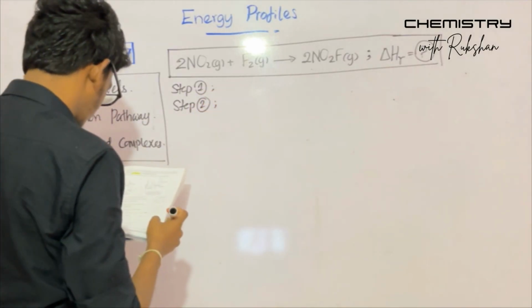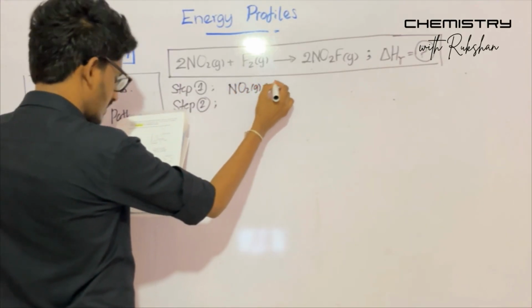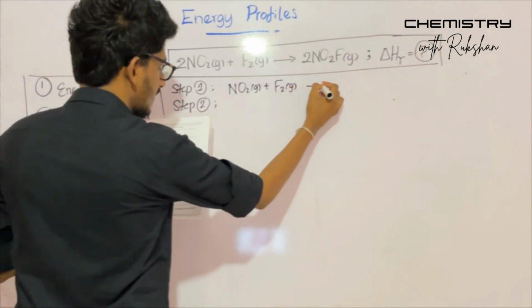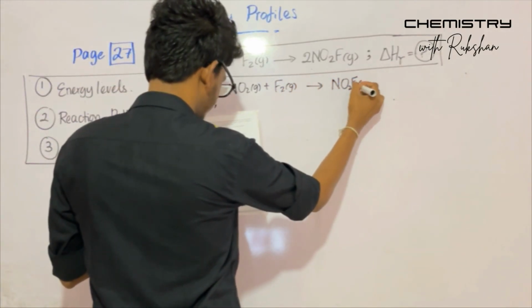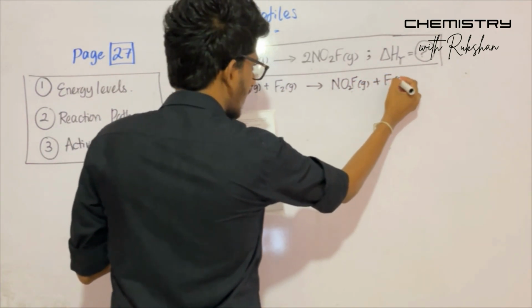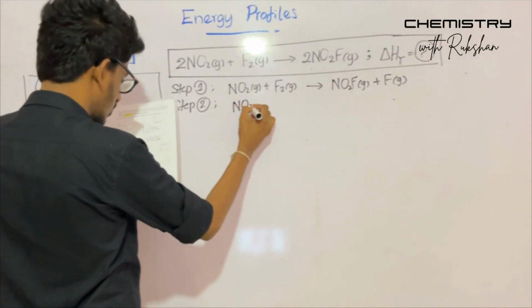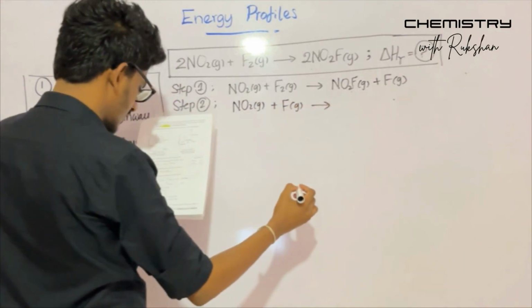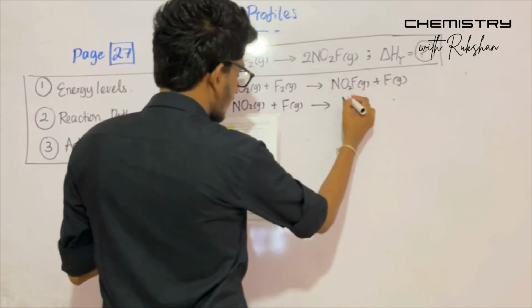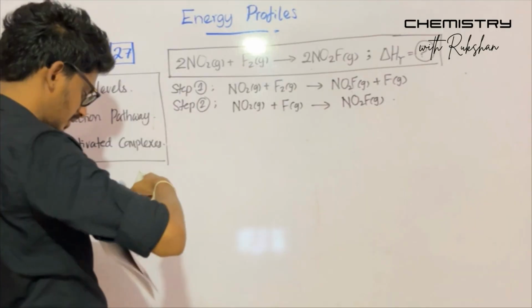The first step involves the reaction of NO2 gas with the F2 gas, forming NO2F and F gas. At the second step, the NO2 gas reacts with the F gas to produce NO2F again, right?